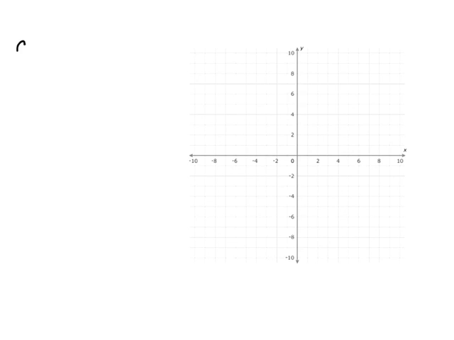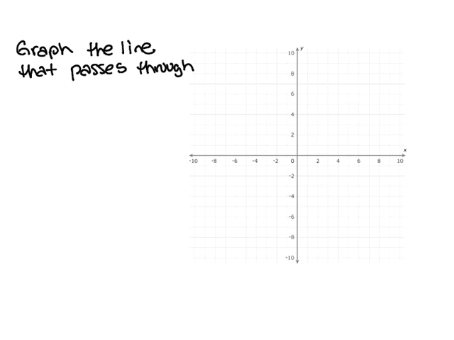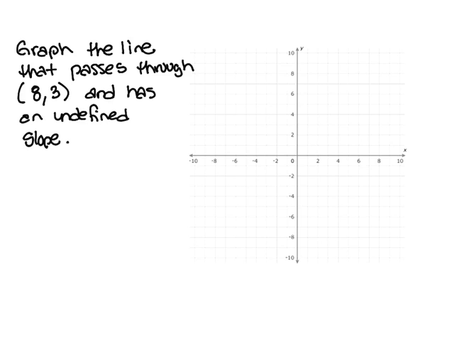Or it could be worded as this. It could say graph the line that passes through the point 8, 3 and has an undefined slope.